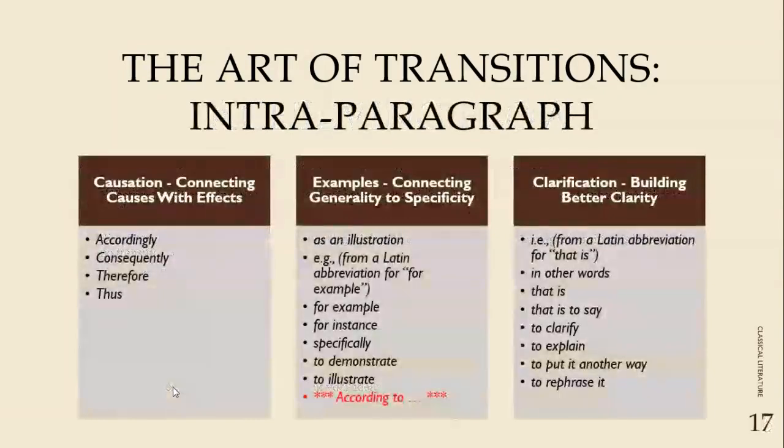And then we also have these transitions that we can use inside of paragraphs as well. And these ones are really interesting because when you have the illustration and explanation of illustration recursive loops that we were talking about, where you introduce an outside source, then you clarify that outside source, well, you have an awesome list right here to help you weave back and forth between them, volleying between them.